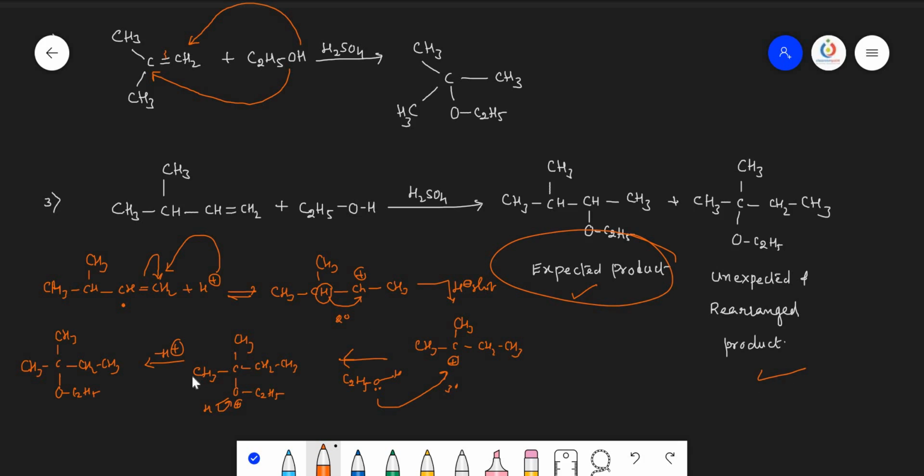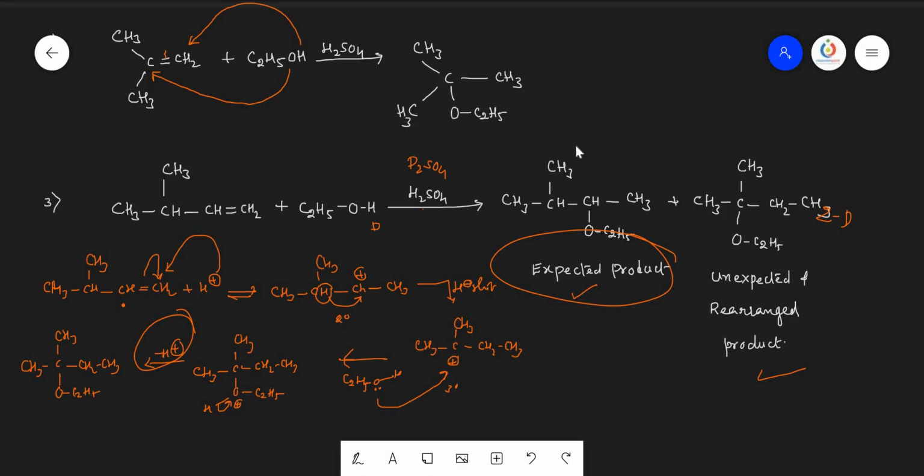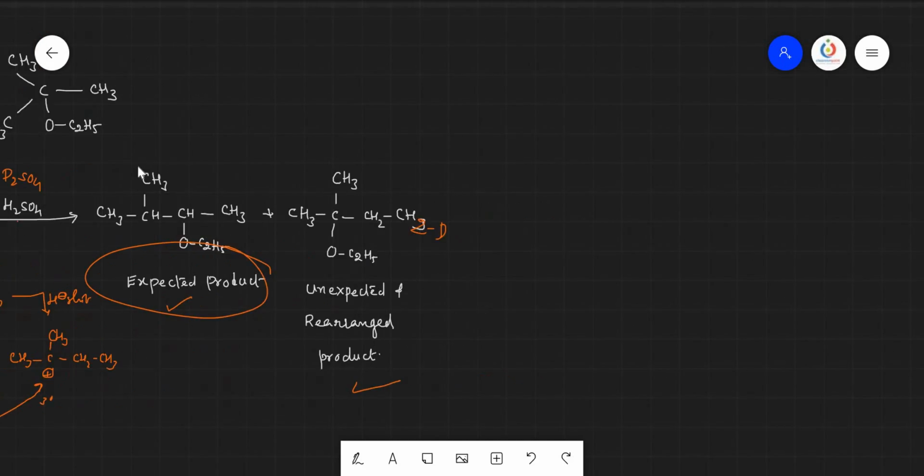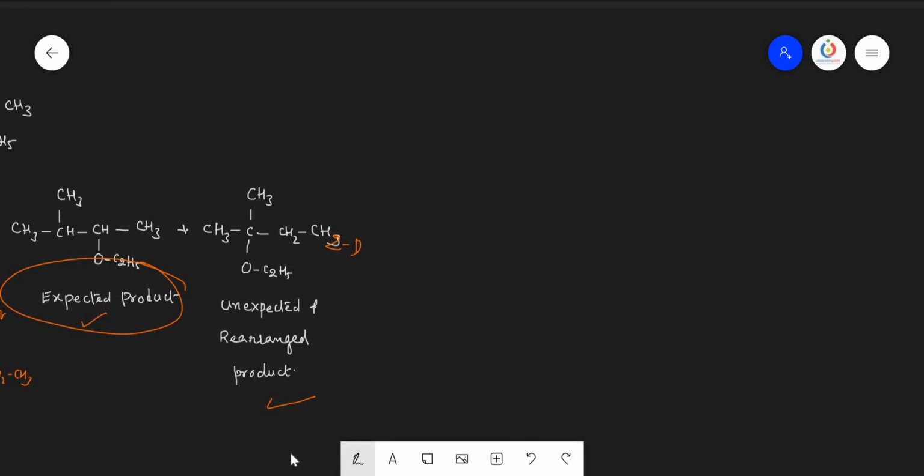And here the H+ ion that is finally released is not from the H2SO4, it is from the alcohol hydrogen. So if you take deuterium over here, whatever H2O molecule is coming will have the deuterium. Or else if you take D2SO4, then here you will get CH2D. So that you should understand. I'll take one example so that your doubt will be clarified.